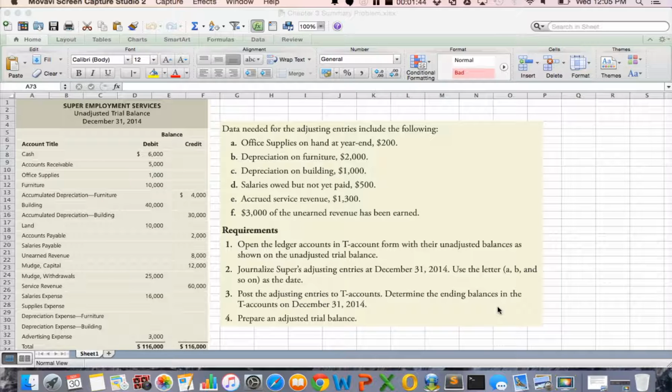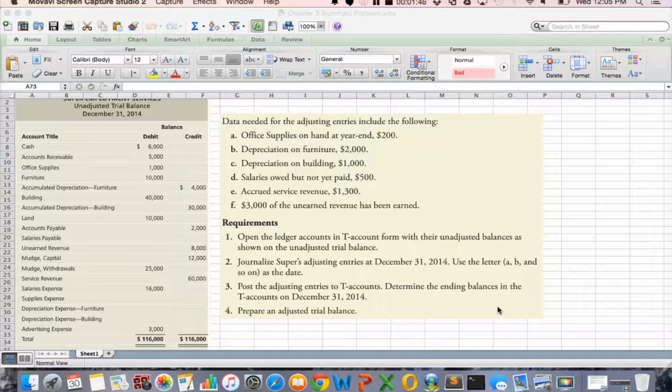Okay, so what you see here in front of you is an unadjusted trial balance right here, and then some information right here. This is what you're going to do your journal entries with. You're going to use this information and do some journal entries. So right here, there's 4 requirements.